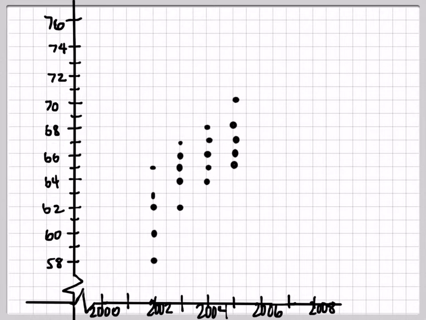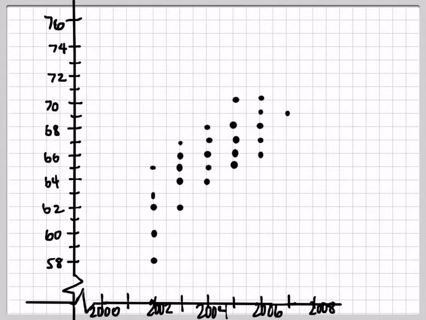2006, I have 66, 67, 68, 69, 70. They're getting taller, or taller jumping. 2007 is 69, 70, 72, 73, 74.